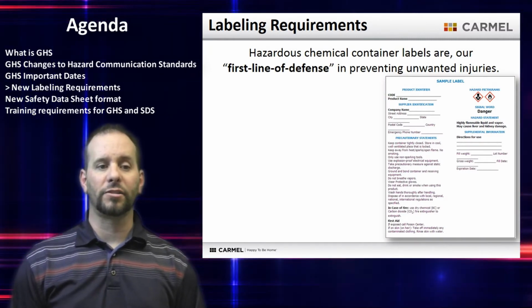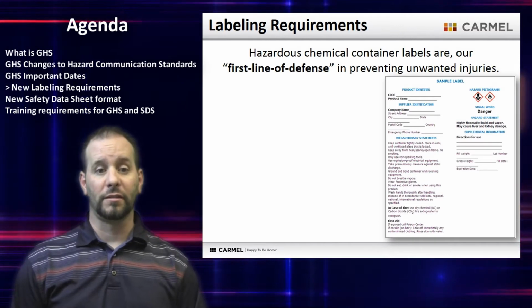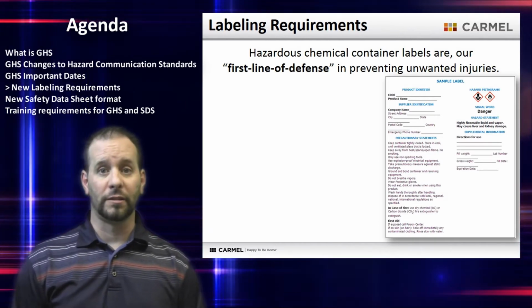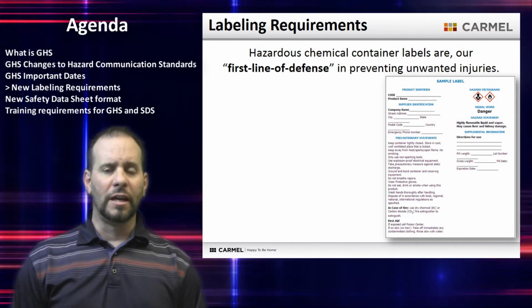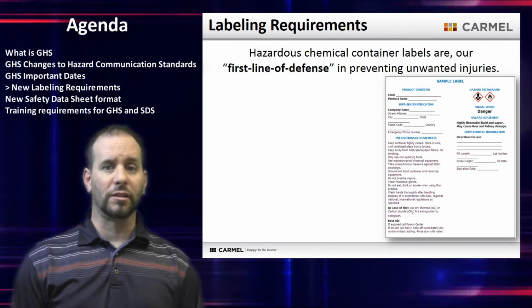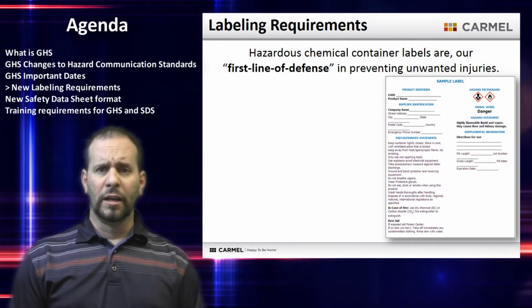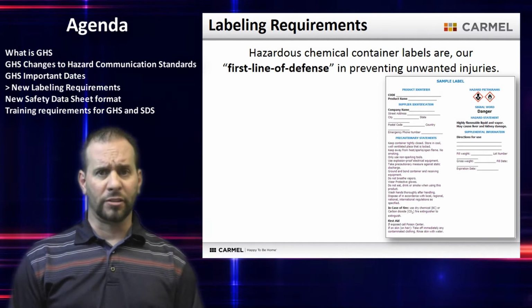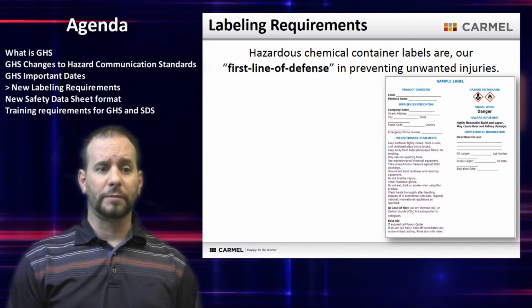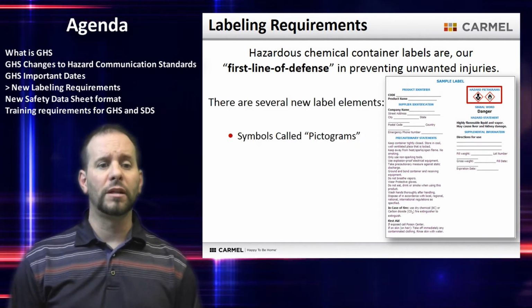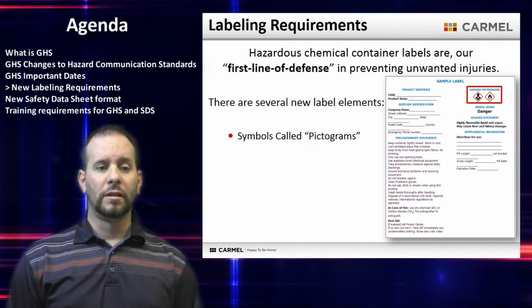Hazardous chemical containers are our first line of defense in preventing unwanted injuries. The label tells us everything. They give us warning signals, they give us a little bit of the first aid that we need to know, as well as the name of the product and the hazards of the product. There are several new label elements.